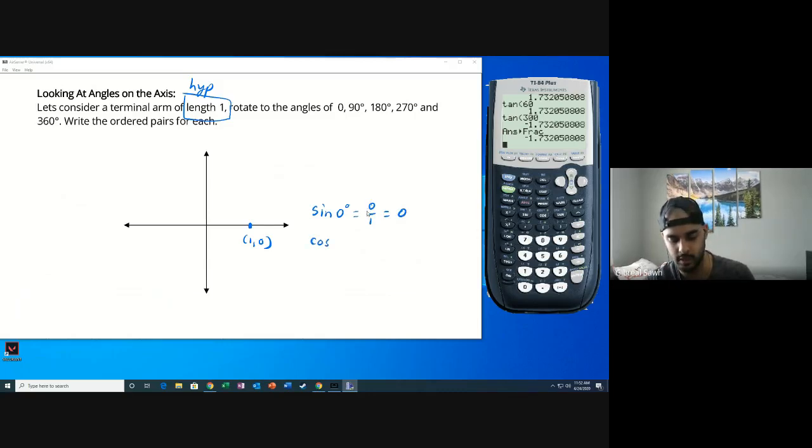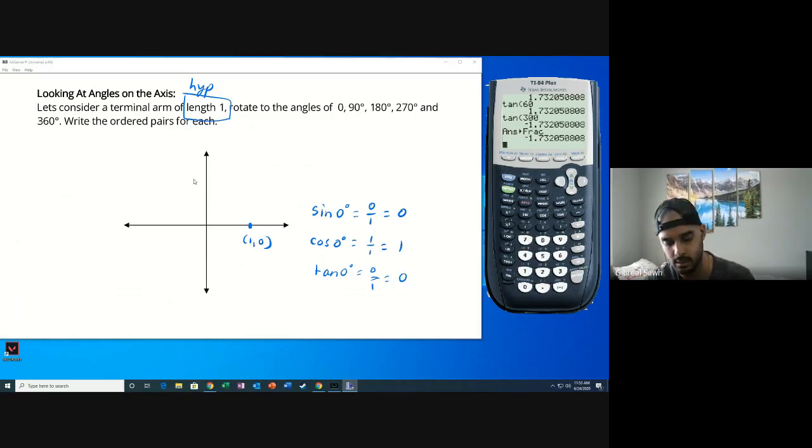What about the cosine of 0 degrees? Well, I need my x coordinate, which is 1, divided by the length of my terminal arm, which is also 1. They're the same. So 1 over 1 is 1. Tangent of 0 is going to be y over x, sorry, my y coordinate from my point, that's 0, over x. So 0 over 1, that's 0. So now I've got some information about those.